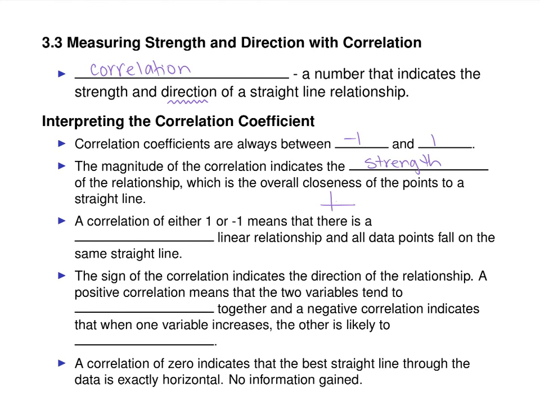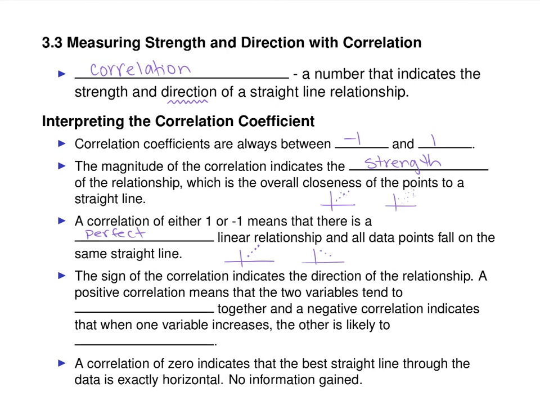So points that fall really close to a straight line are going to be more strongly correlated than ones that have more wiggle. And a correlation of 1 or -1 means that there is a perfect linear relationship, and all data points fall on the same straight line, like this, or like this.